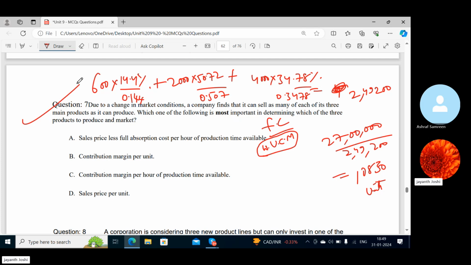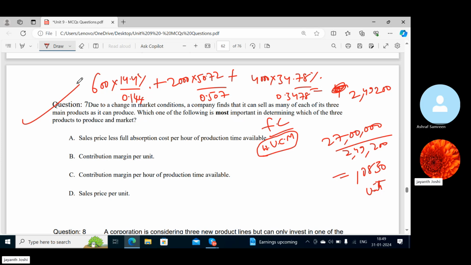So due to change in some market conditions, company finds that it can sell as many of each of its three main products as it can produce. Which one of the following is most important in determining which of the three products to produce and market? Sales price less absorption cost per hour of production time available. So best choice is the product that generates as much coverage of fixed cost as possible per hour of that scarce resource. So sales price less full absorption cost.